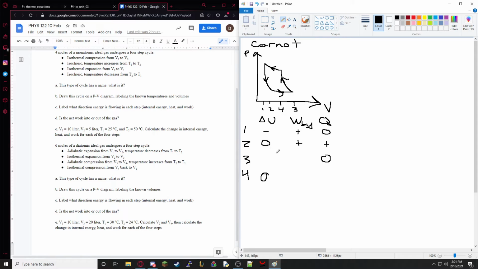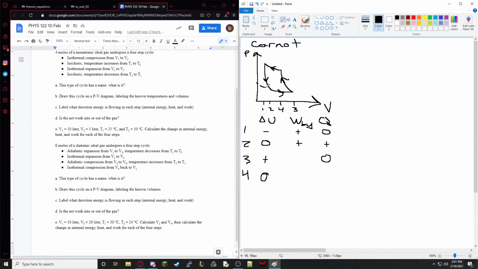Now, step 3, our adiabatic compression. Our change in internal energy is going to be positive or negative? Positive, yep. Because for step 3, it has to be opposite of step 1. And also, we can see that the temperature is increasing.